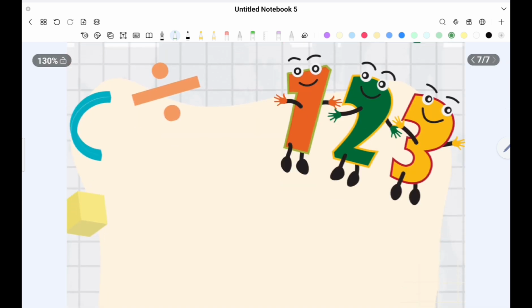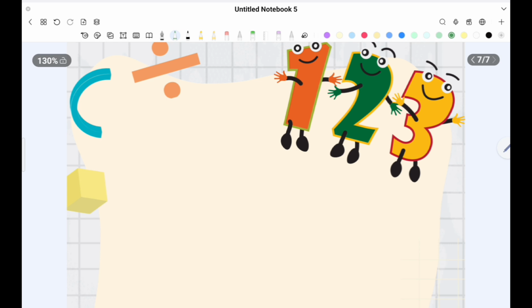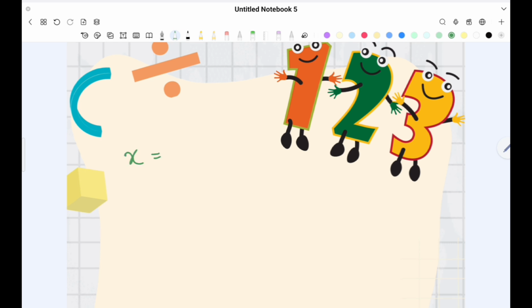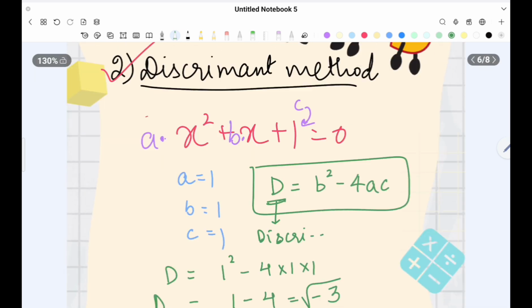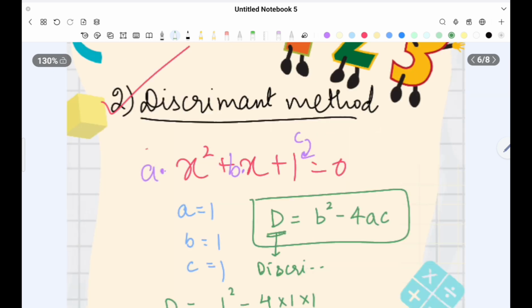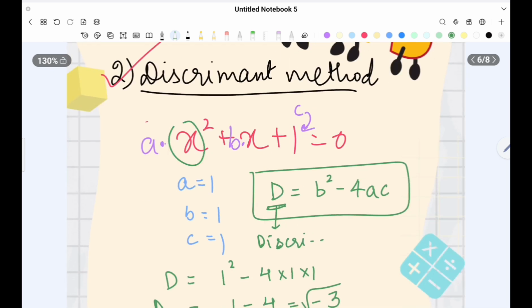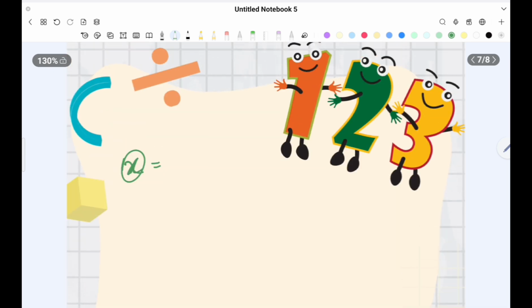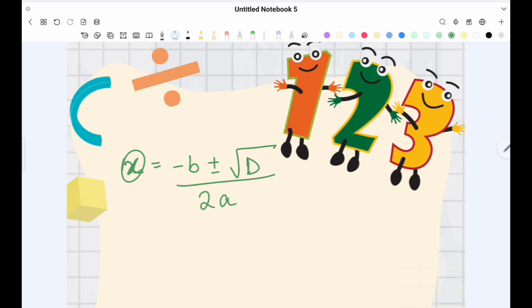Now here is the next formula for the solution of x. We will write the solution as x, using the variable that is in the question. x is equal to minus b plus minus under root D upon 2a, as we have to get two values.